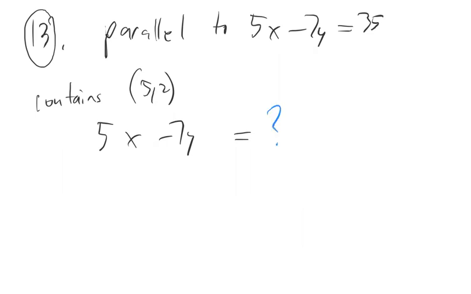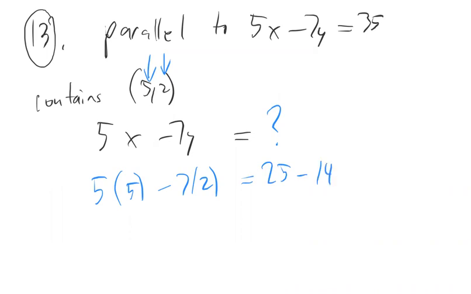It's actually really simple, because the line contains x equals 5 and y equals 2. So all you have to do is plug those numbers in for x and y, and then you'll know the number. So 5 times 5 is 25, minus 7 times 2 is 14. 25 minus 14 is 11.